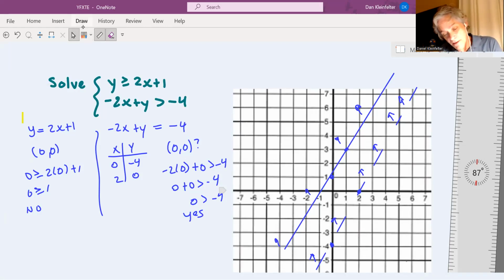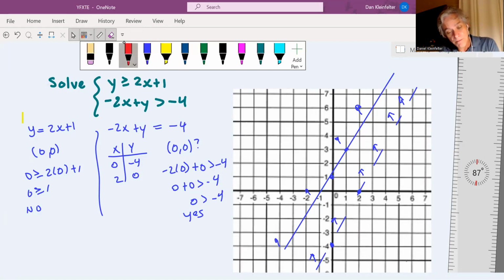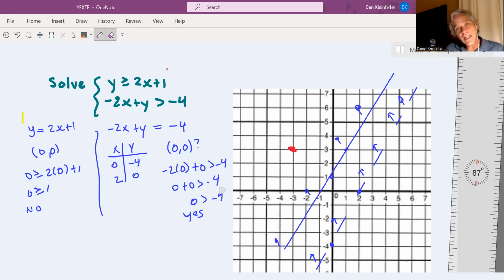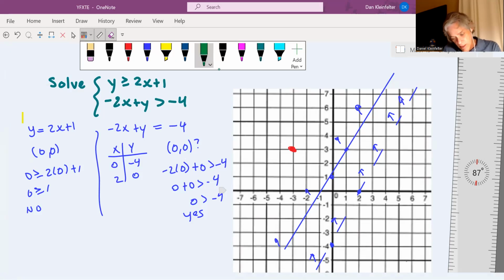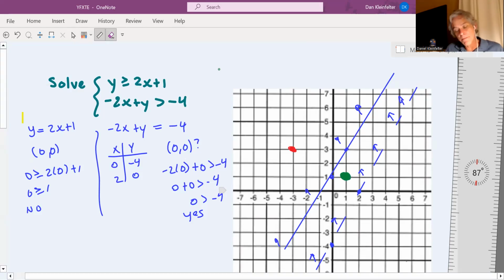So we have to think about it for a little minute. This point, is that above the first line and above the second line? Yes, it is. This one would be an example of a solution. This point right here, let me make this one a different color so we can talk about it. This point right here, (1, 1), that's a solution to the dashed line inequality, but not to the first one we drew.